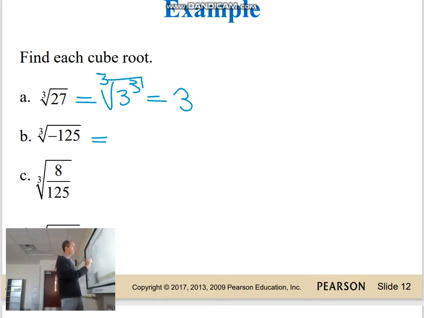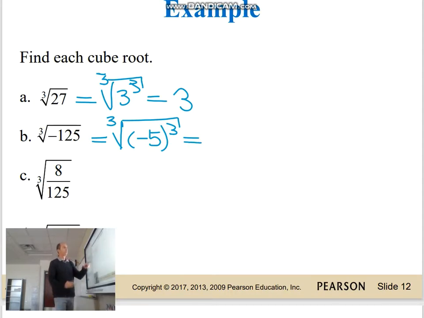Cube root of negative 125. And I told you, for square root, we cannot have a square root of a negative number. It's not a real number, but for cube root, this is not a problem. Because negative 125 is negative 5 cubed. Okay? And the cube root of negative 5 cubed is negative 5.